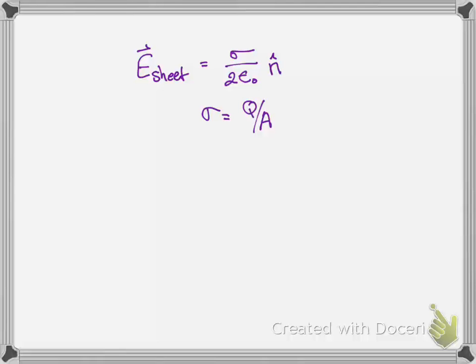Now it's always pointing perpendicularly from the sheet at any point, as long as, again, you're not close to the edge of the sheet. It's going to look like it's perpendicularly from the sheet, and that's the normal direction. The n hat means normal direction. We know what normal means. It's the perpendicular direction to the sheet.